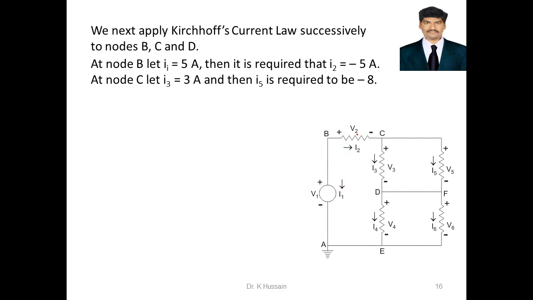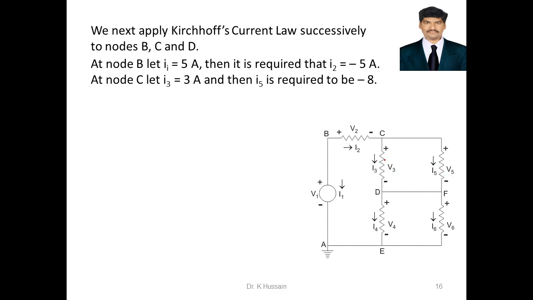When you are taking the opposite direction, it is minus of I1. That is a 5. If you are taking I3 in this direction, I5, you see here, both are in opposite directions. Here it is plus minus, minus plus, here it is plus minus. In this direction, it is the opposite direction.